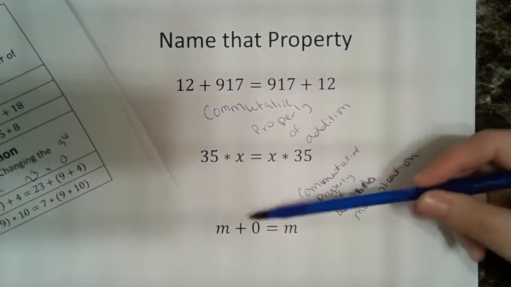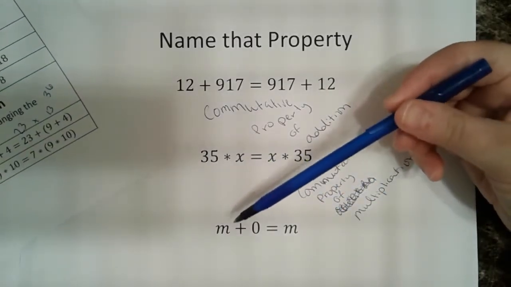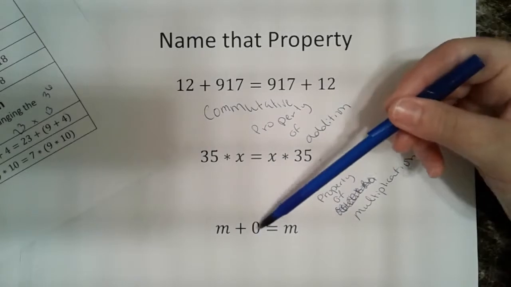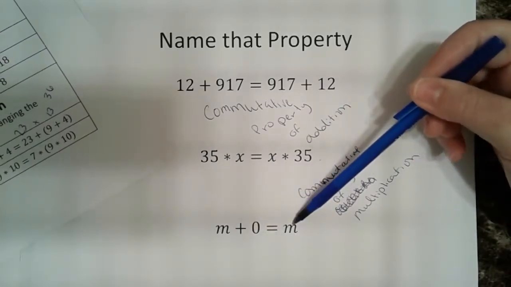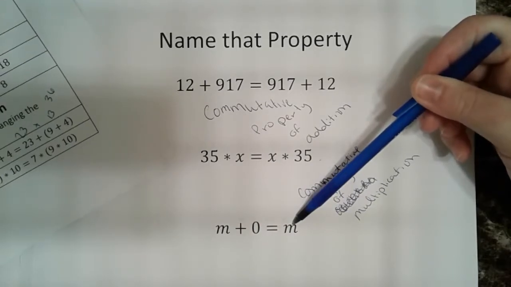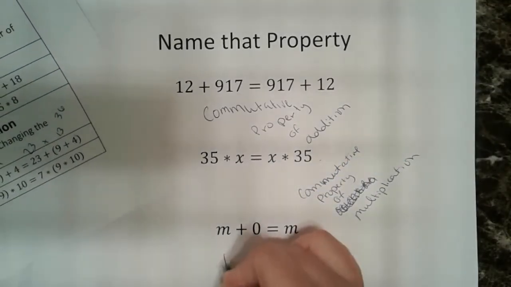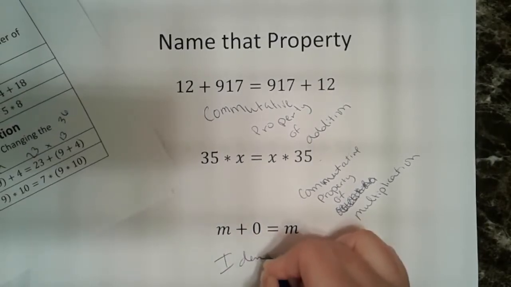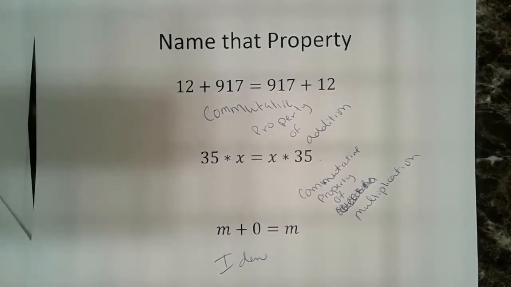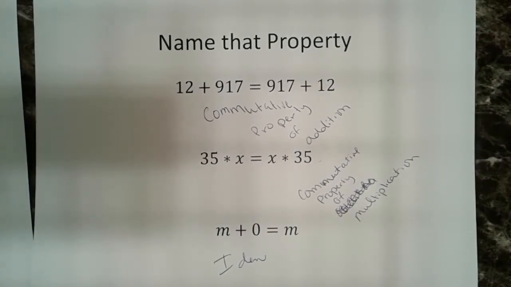So if I look at this one, okay, well, nothing's really changing here, but this is kind of cool. I have m plus 0 equals m, so I'm getting it itself on the other side. So what property means that I'm getting it itself on the other side? Good, it's identity. Identity, and if I could spell, that would be totally ideal, wouldn't it?